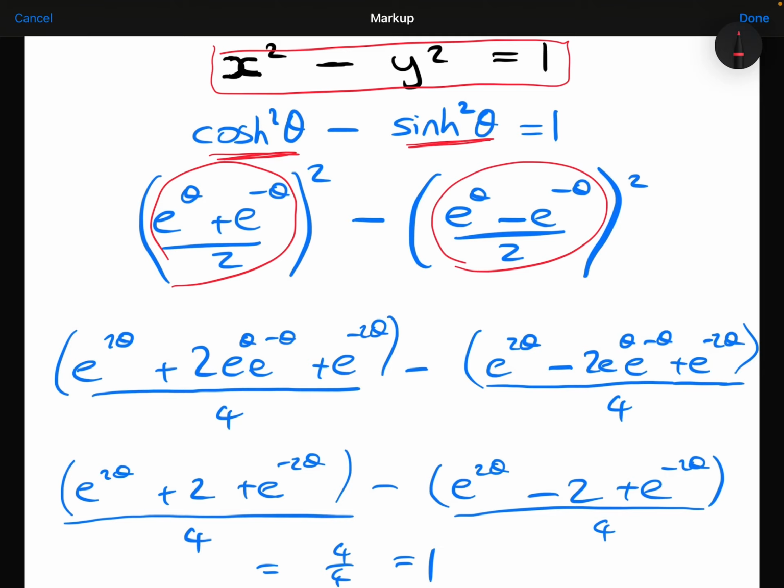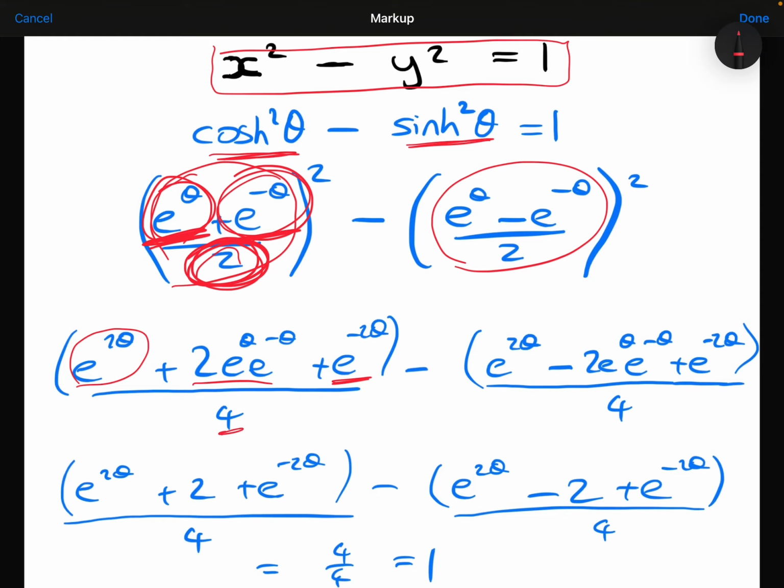So I'm expanding the brackets first of all. So e to the theta squared is e to the 2 theta. Then I have e to the theta times e to the minus theta, and then I have 2 of those. And then I've got e to the minus theta squared. And all of that is over 2 squared, which is 4.